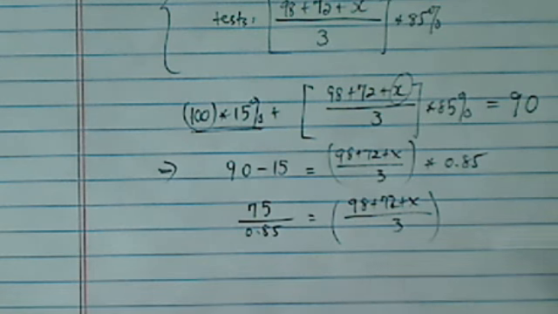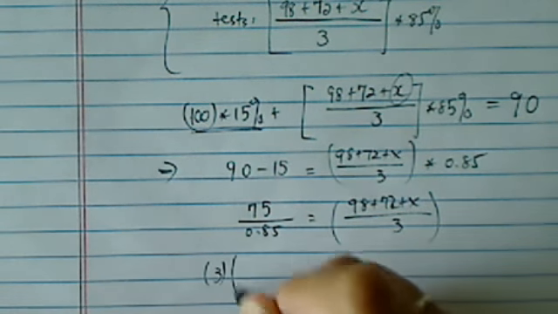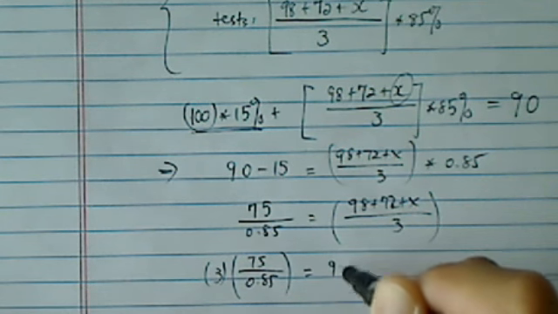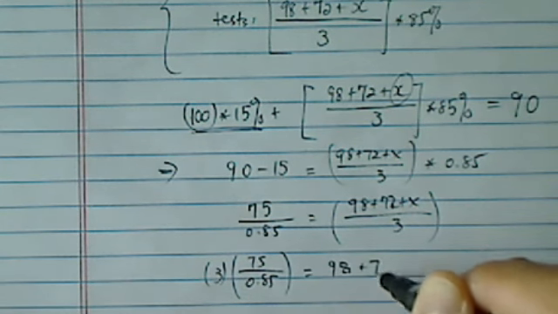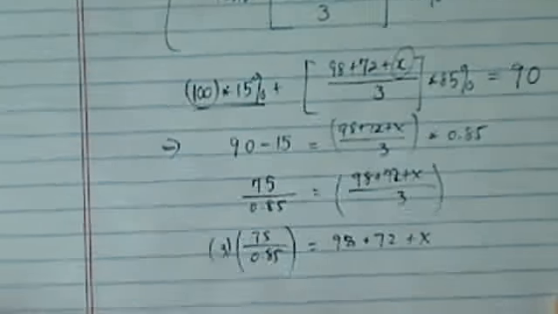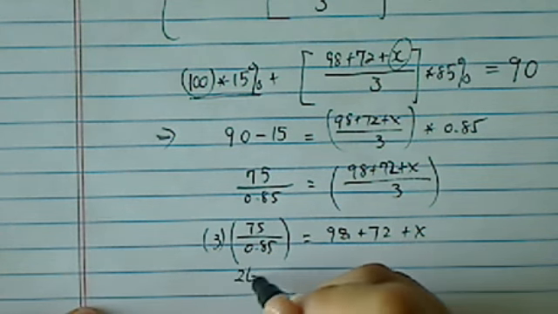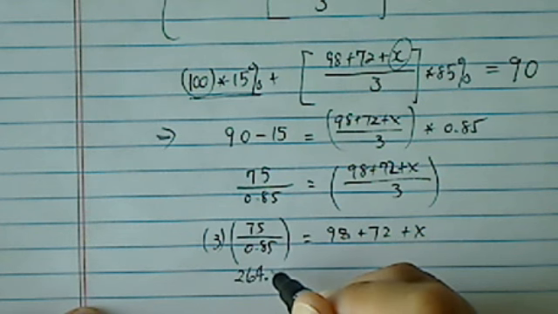Now I'm going to multiply by 3, so 3 times 75 divided by 0.85, that's equal to 98 plus 72 plus x. Okay, let's see, I have my calculator here, 75 times 3, and then divided by 0.85, I have 264.7.